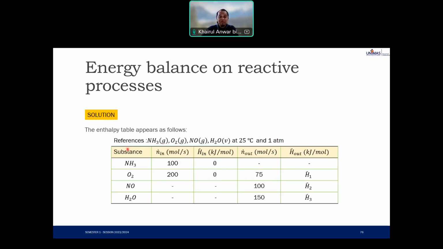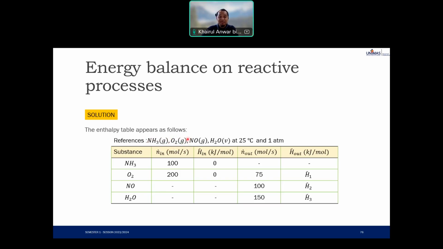Don't forget to write the reference. The reference for heat of formation and heat of reaction is not the same. This is the reference for heat of reaction. You see, it is not in elemental species.